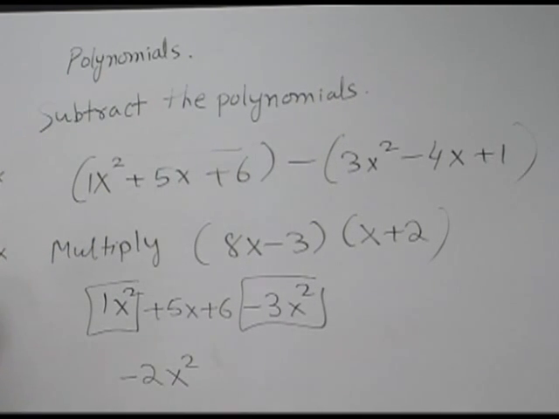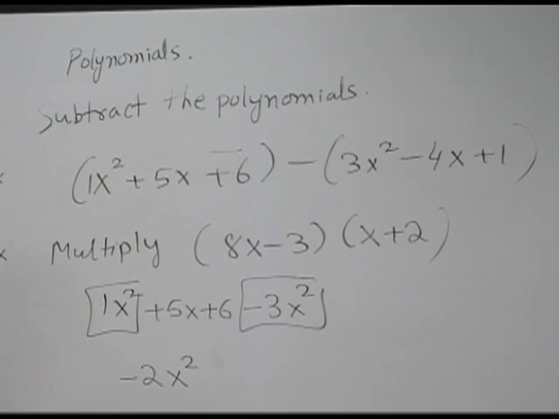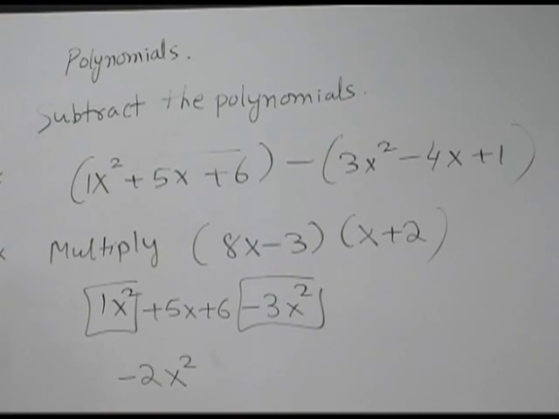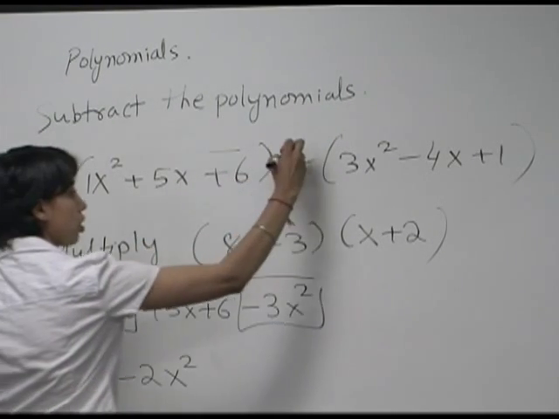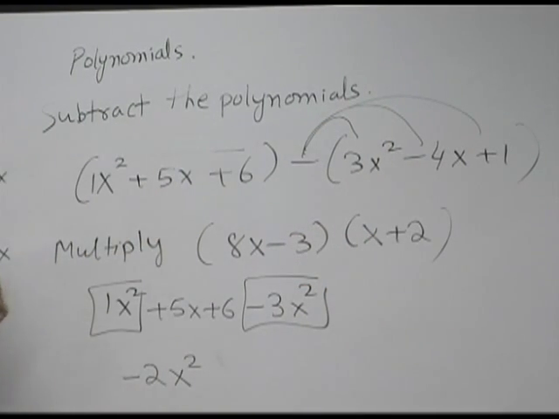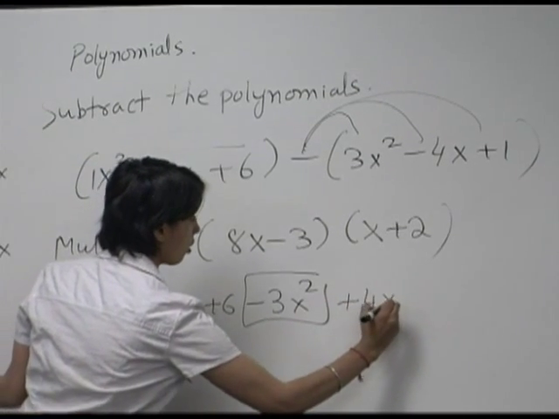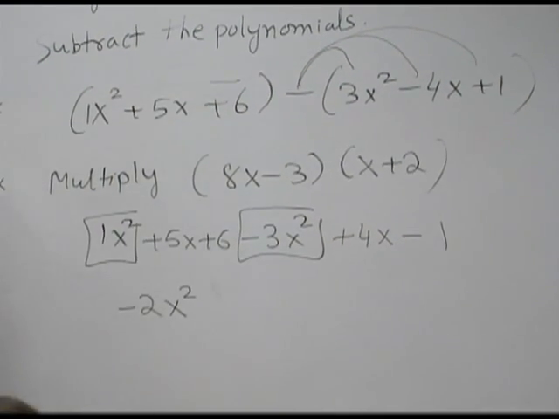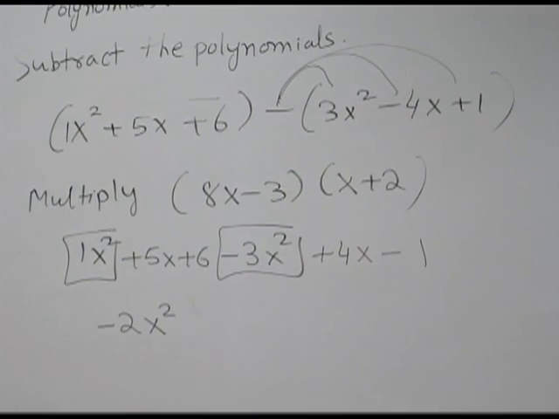What should go here? 9x. Do you understand why 9x? Because of the negative, you distribute it to every single term. So you get plus 4x minus 1. Right? Plus 4x minus 1.